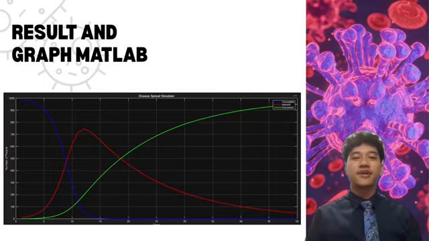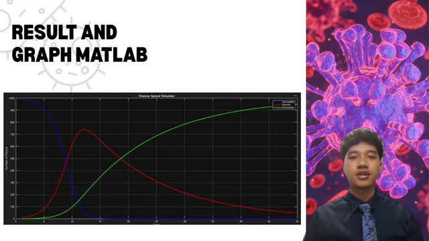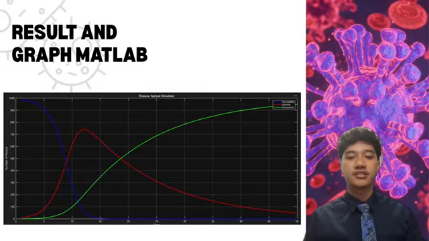Moving on to the next slide, we can see here the output of our MATLAB simulation. This graph tracks a population of 1,000 people over a span of 50 days. The blue line represents our susceptible population, which starts at maximum but then rapidly drops as the disease takes hold. The red line represents the infected population.